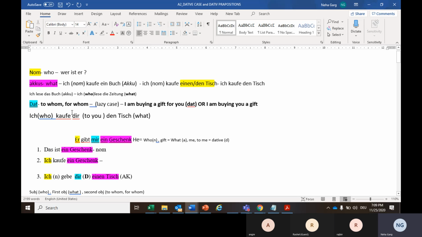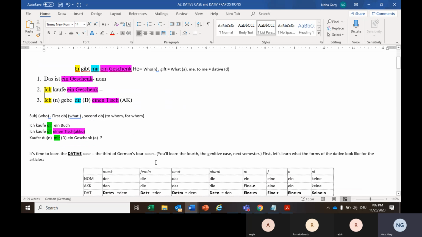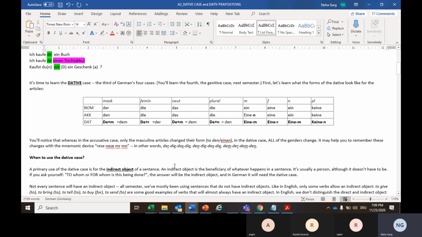Now, there are different sections which we are going to see in this whole sheet: how definite articles, indefinite articles, and then personal pronouns get impacted by the dative case. Let's see the table here.